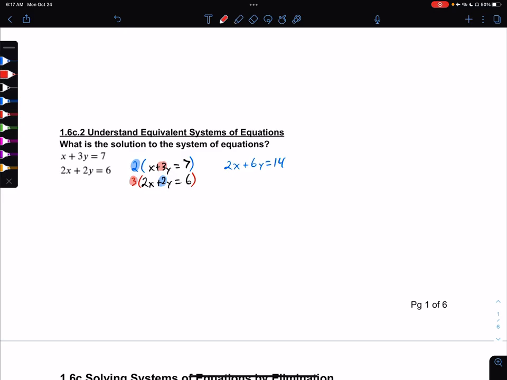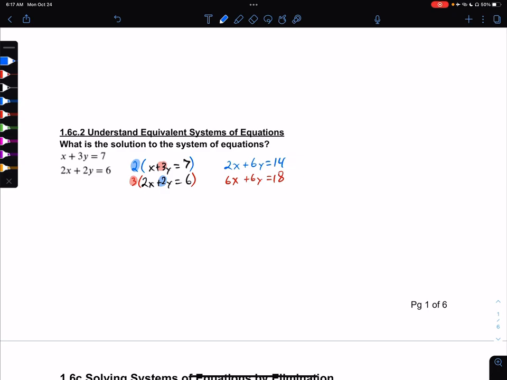When multiplied in the second equation, I get 6x plus 6y equals 18. Now notice that our y values match up, so we can subtract and eliminate the y values.